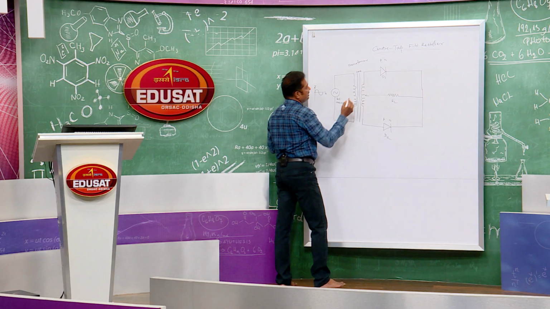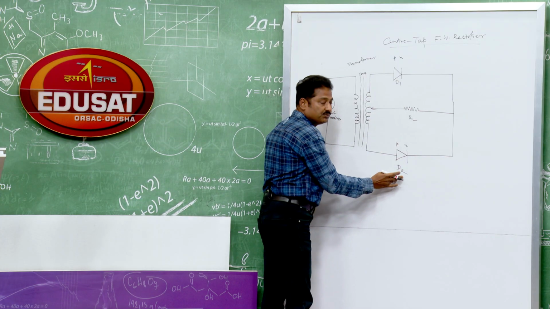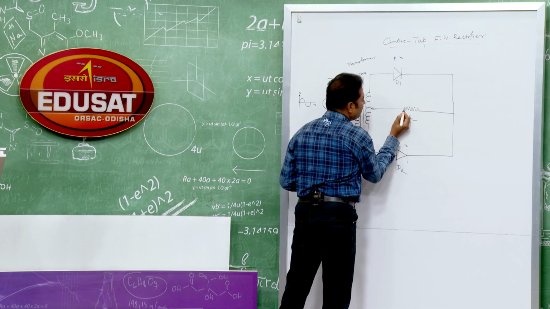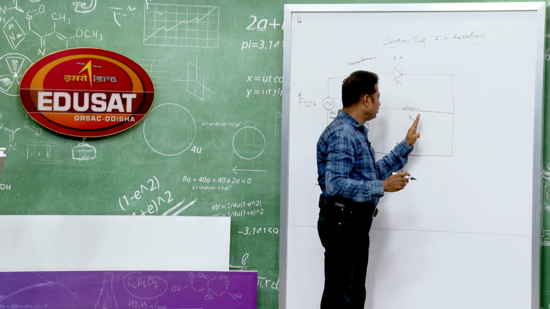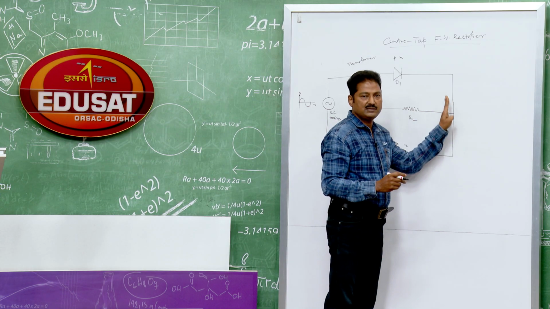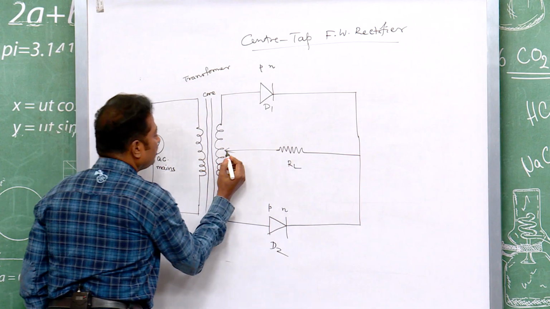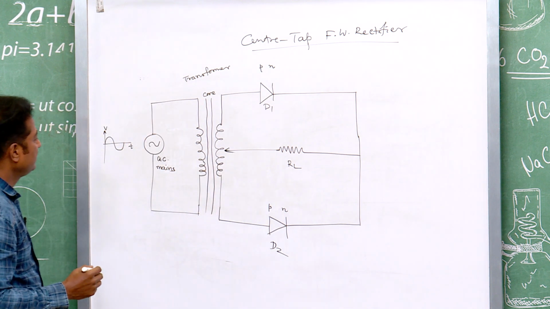So, you see there are 2 diodes, one is D1, another is D2, and the circuit has been somehow altered. The load resistor has been kept here instead of on this branch due to the need of our experiment or in need of our device.